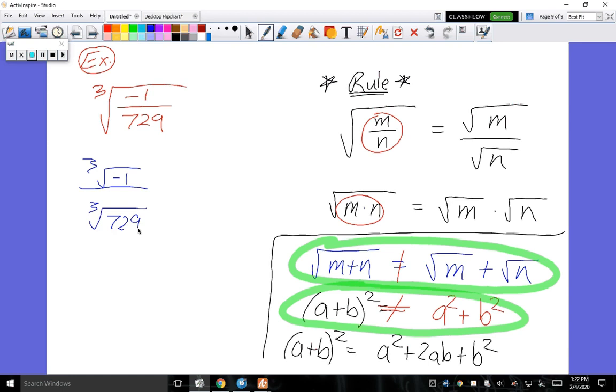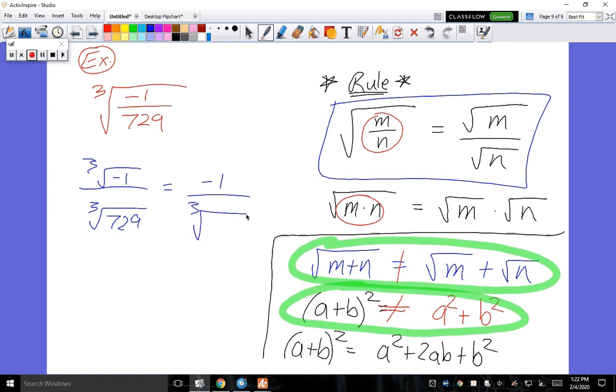Okay? Yep, I use this rule right here. Do you know the numerator? What's the answer to the numerator? Negative 1, nice. Some of you know it, no worries.